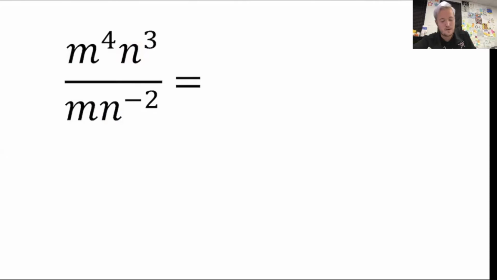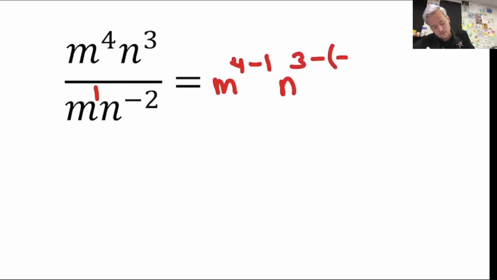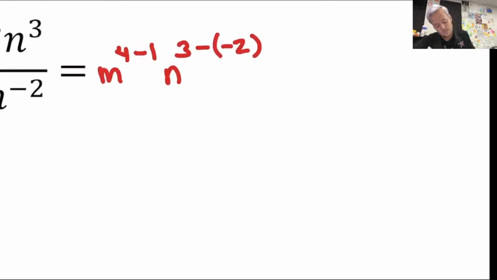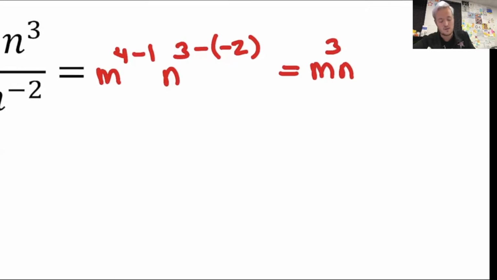My m in the denominator has an exponent of 1, so I'm going to do m to the 4 minus 1. For my n value, I'm going to do 3 minus negative 2. So 4 minus 1 gives you m cubed, and n to the 3 minus negative 2 is 3 plus 2, which means we're going to have n to the 5th power.